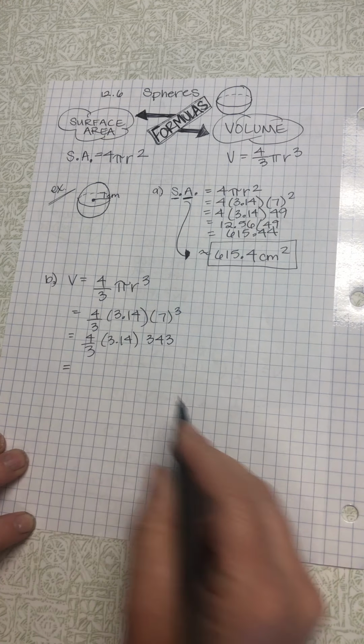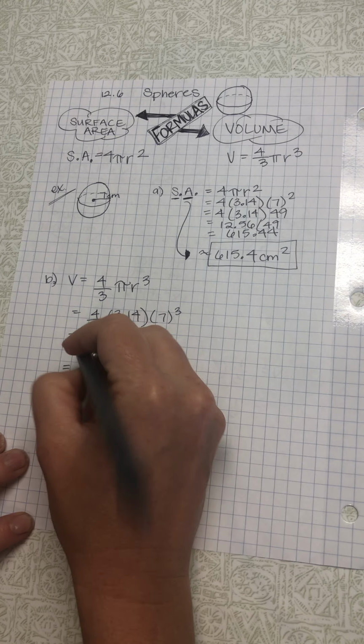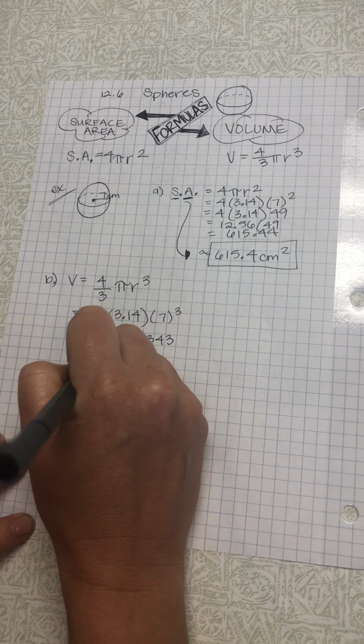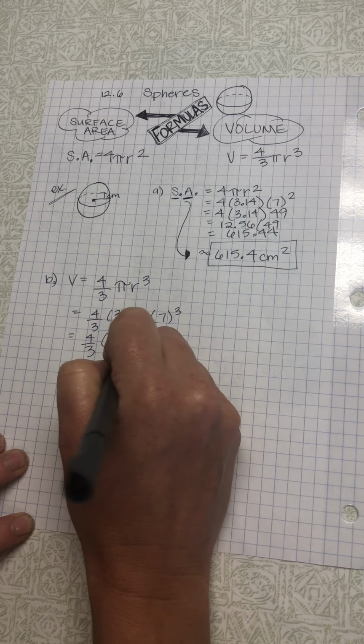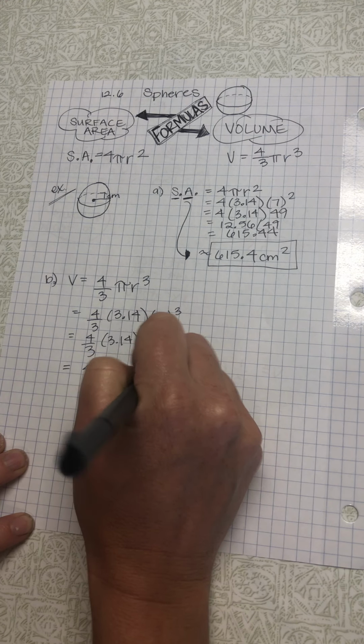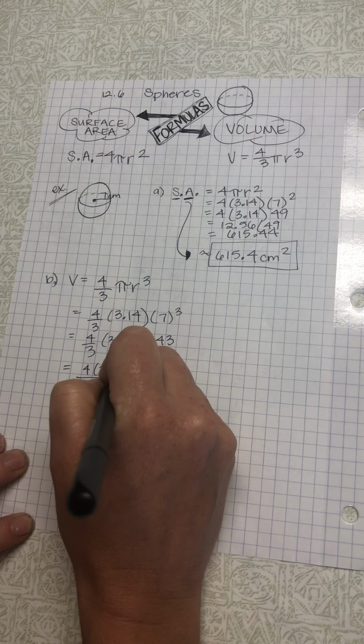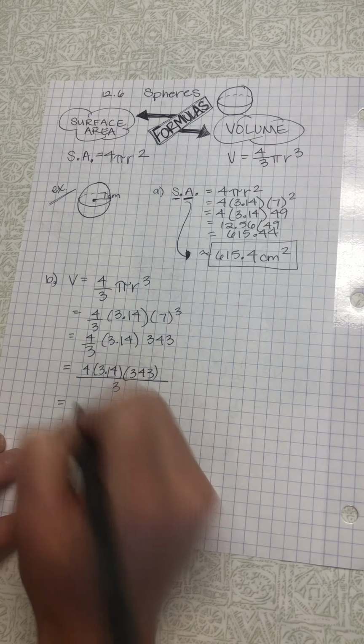And so then I'll use a calculator to take 4 times 3.14 times 343, and then divide that whole answer by 3.